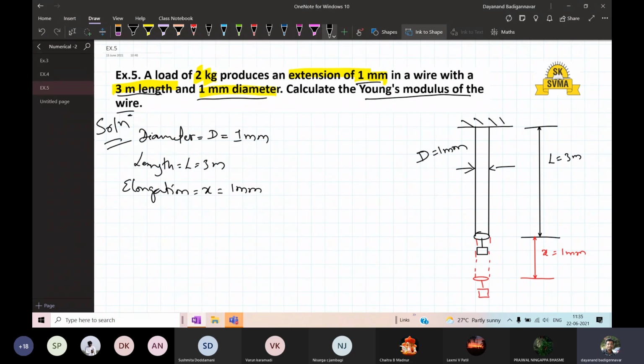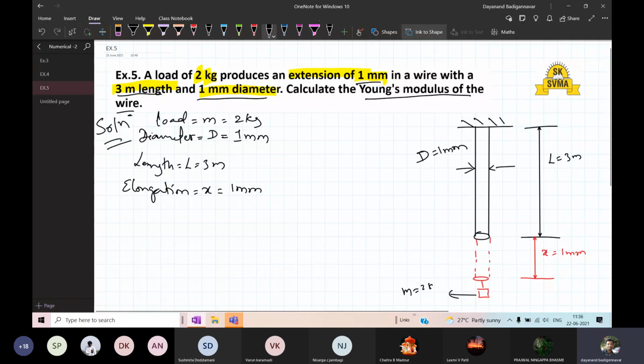A load of 2 kg. I have missed the load. Load means mass, 2 kg. After applying the mass, it gets elongated. This is a better diagram. As soon as you apply the mass, there is an elongation.